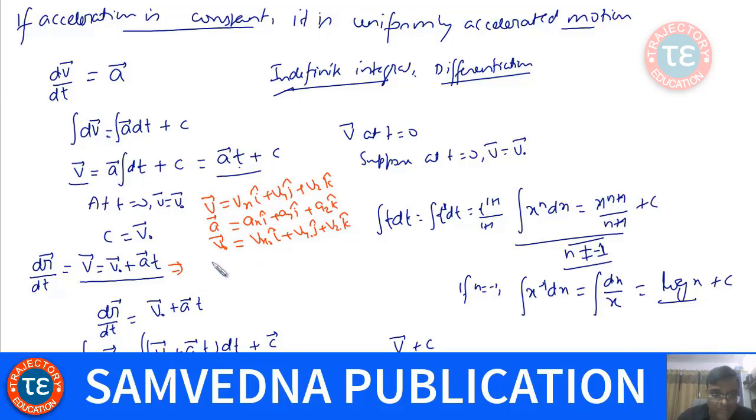You put everything over here and equate the coefficient of i cap, j cap and k cap. So you'll get Vx is Vx naught plus axt, Vy is Vy naught plus ayt, and Vz is Vz naught plus azt.